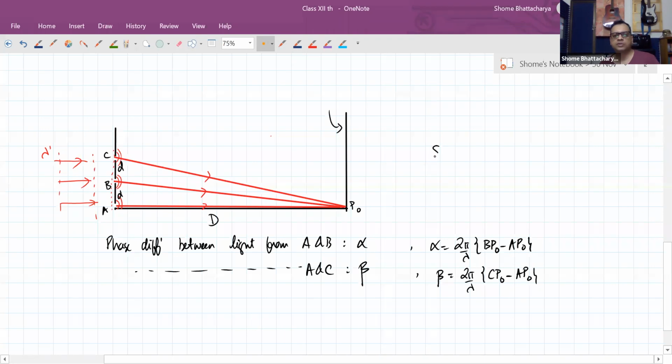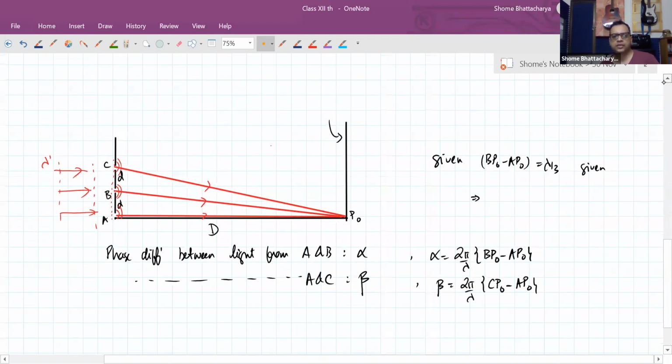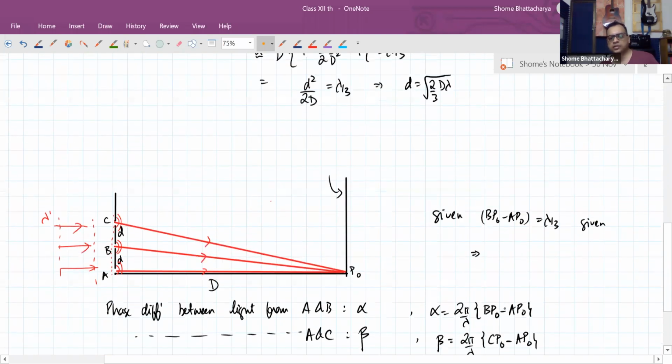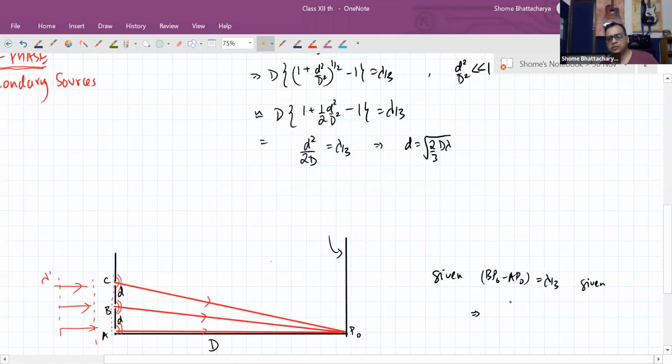Now remember, it was given to me that Bp naught minus Ap naught was lambda by 3. This was given, and we had worked out that this relationship was actually this. Okay, that d square by 2D had become lambda by 3.